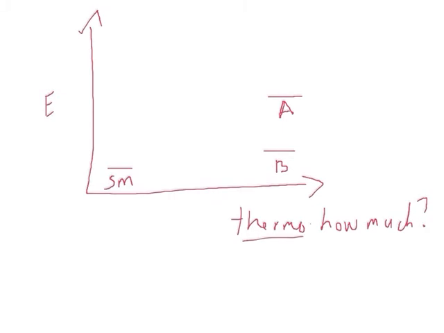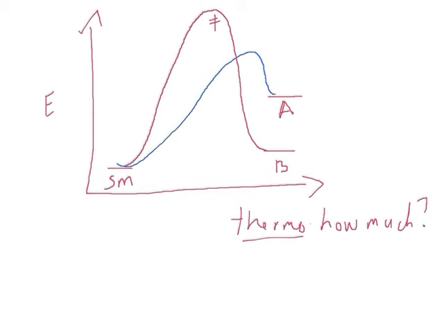So for instance, for B, it might take a great deal of energy to get to the transition state to form B, whereas with A, it might take less energy. Kinetics asks how fast.